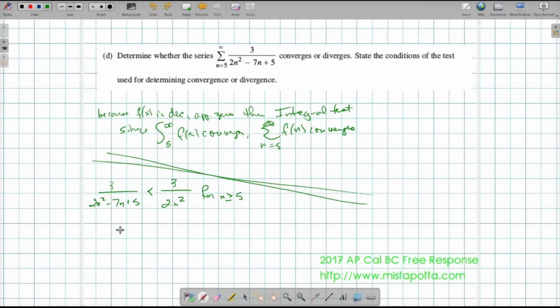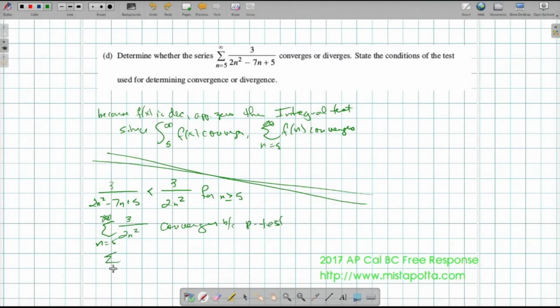So, doing this calculation, I can say that the sum of 3 over 2n squared converges, again from n equals 5 to infinity. This is going to converge because of the p-test.